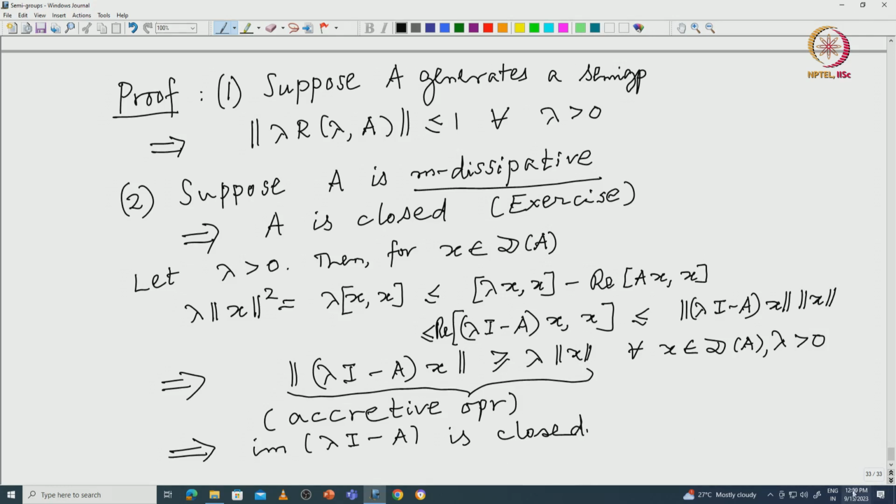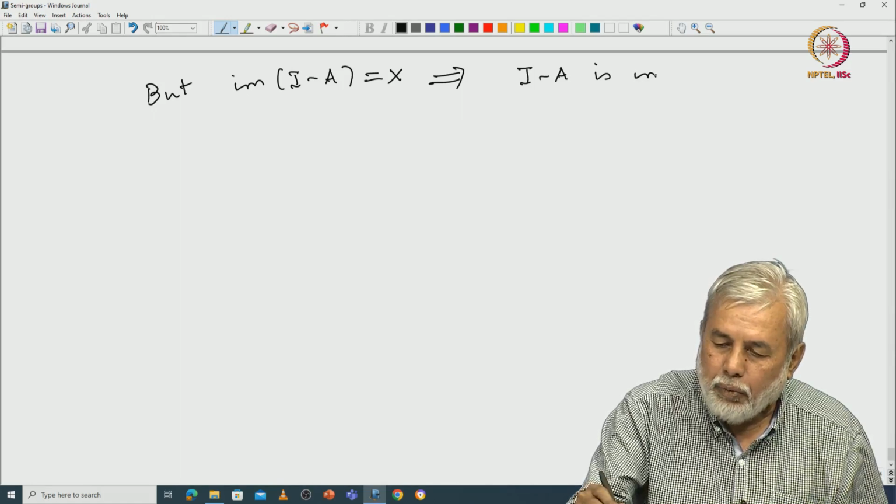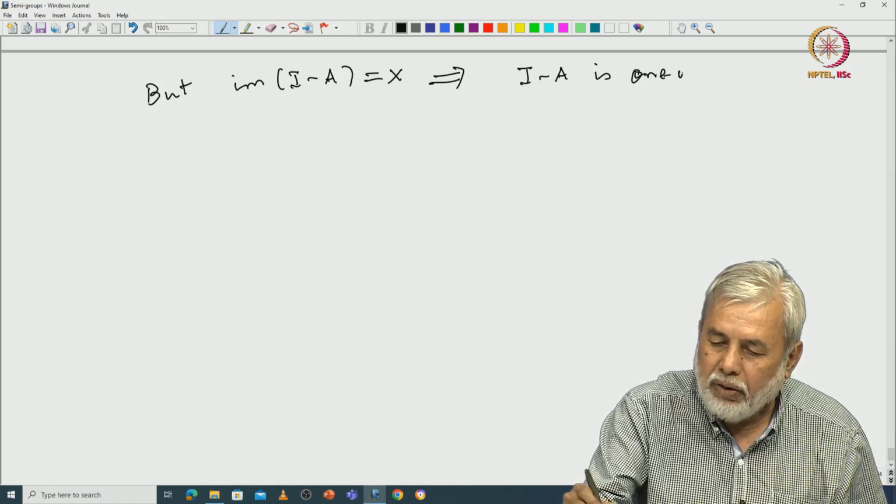The hypothesis says that at least in one case, it is sufficient to assume for any one lambda that the image is exactly equal to X. We are given that the image of I minus A is X, and with the above estimate we see that I minus A is invertible, one-one onto.